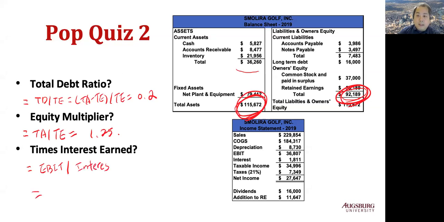EBIT is 36,807, and interest is 1,811, equals 20.32 times. That's times interest earned. So that's the end of the first part of the ratio analysis. We will look at the other ratios in the next part.